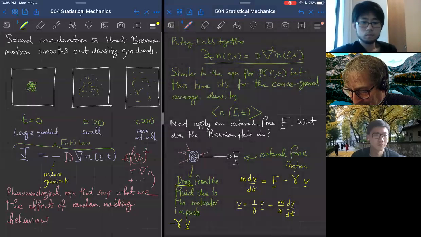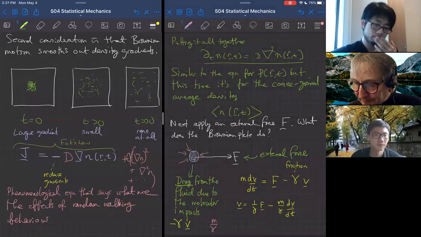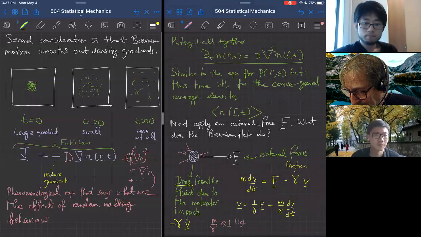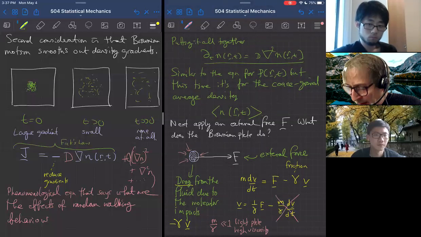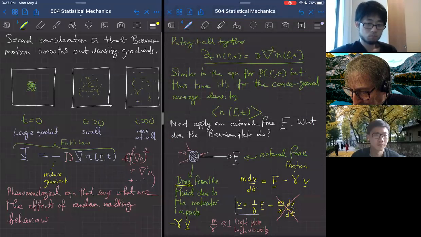And so if m over gamma is very small, which means a light particle or a high viscosity, then I can ignore this term over here, and then what I have left is just this term.